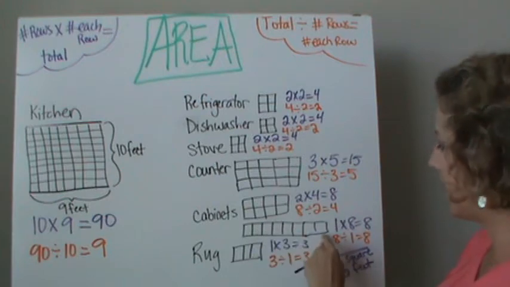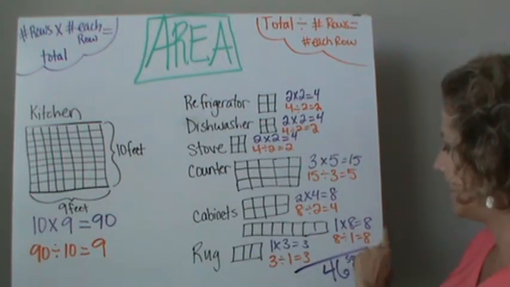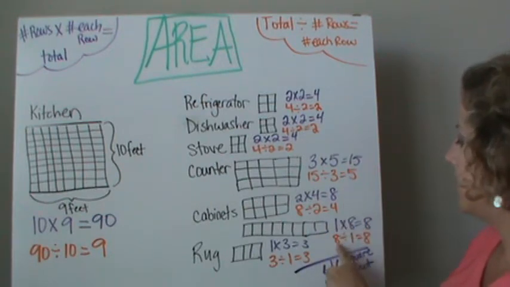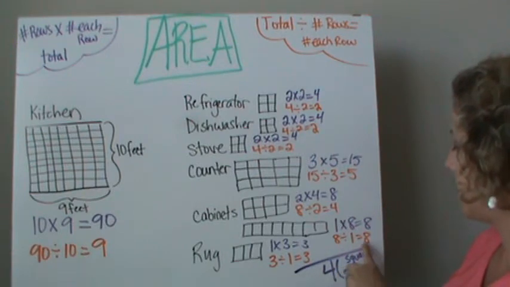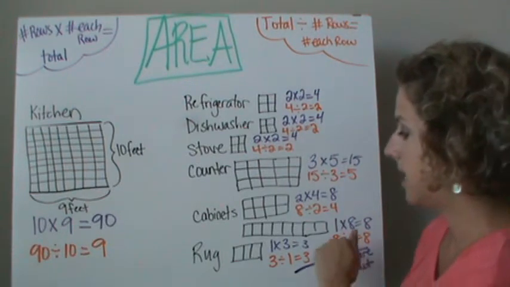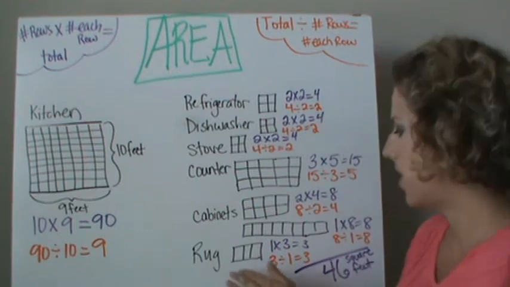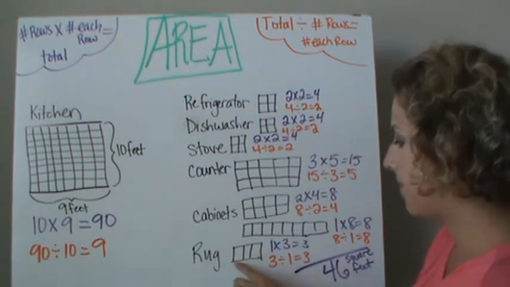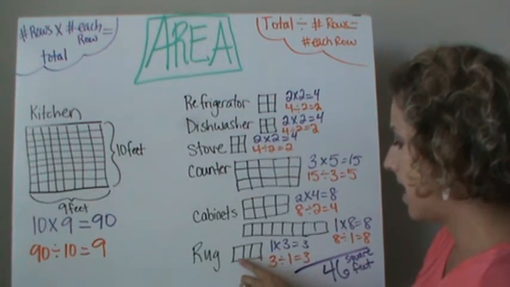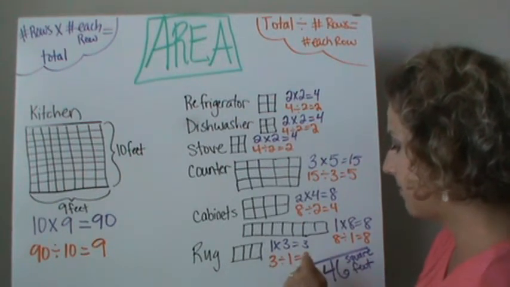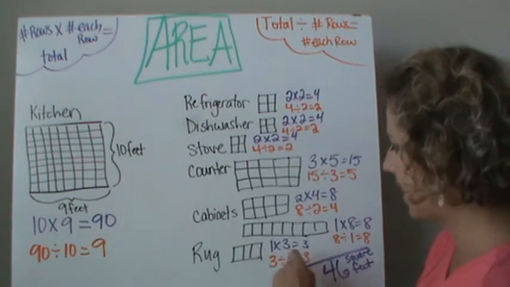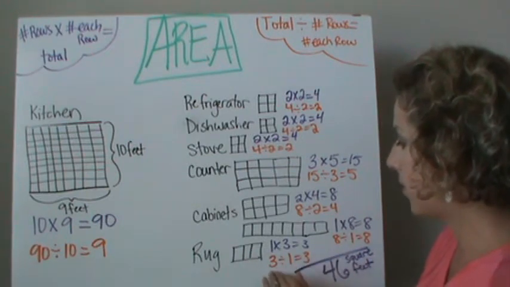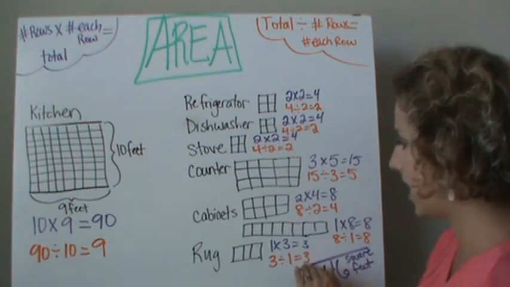There are 8 in each. 1 times 8 is 8. Or the division model is 8 divided by 1 is equal to 8. And then if we wanted to throw a rug in the kitchen as well, it might be about 1 row times 3 little square feet. 1 times 3 is 3, or 3 divided by 1 is equal to 3.